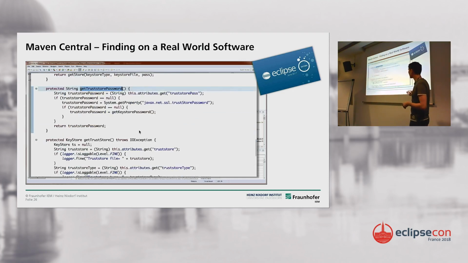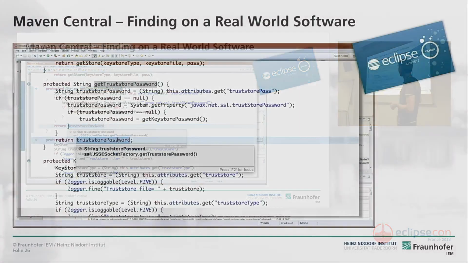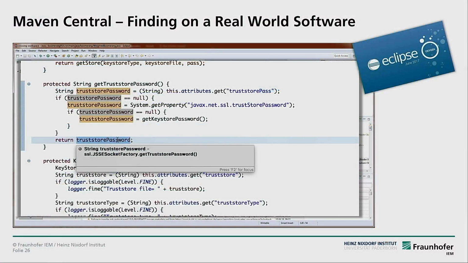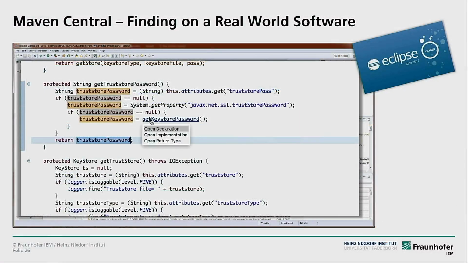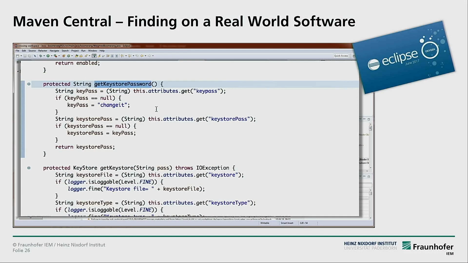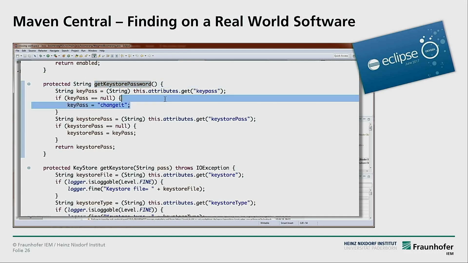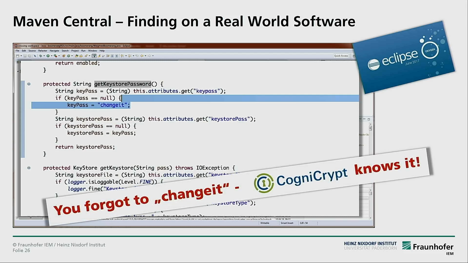You see here it's quite hidden in some methods. We are in the get trust store password method, and it's the return value. Then it's the get key store password method, and eventually we found this hard-coded password here. So under certain circumstances, the password that was applied to this key store load function was actually changed. That's actually why we call this talk: if you forgot to change it, CogniCrypt knows it.